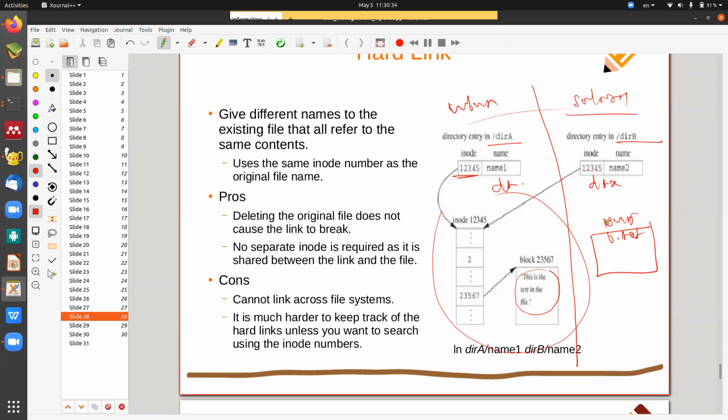Assume an inode 1, 2, 3, 4 is already in Solaris. Why would that be? Because Solaris and Ubuntu are both Linux flavors, and in the Linux operating system, every file is represented with an inode. Since every file is represented with an inode, one file has already been created and stored in Solaris whose number is 1, 2, 3, 4, 5.